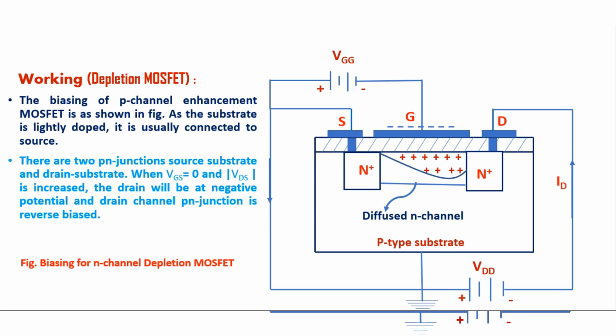So when gate to source voltage is equal to 0, the gate is shorted to the source. The drain is at a positive potential with respect to the source. The majority carriers in the N channel, that is electrons, will flow from the drain to the source, and since the gate is short circuited to the source, the gate G is at negative potential with respect to the drain, and hence a positive charge consisting of holes is induced.